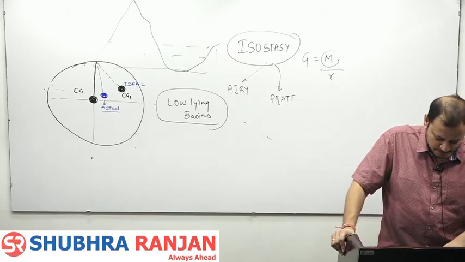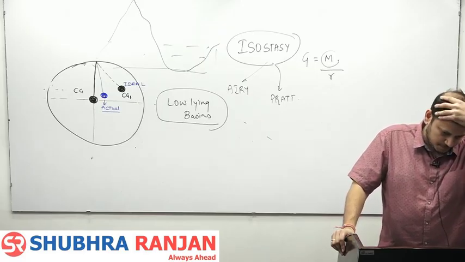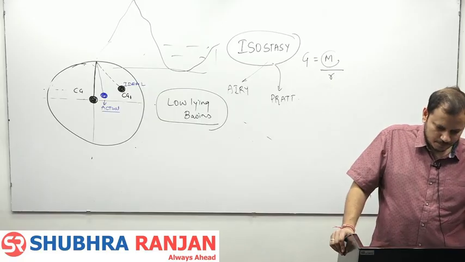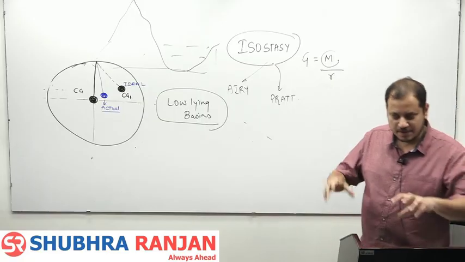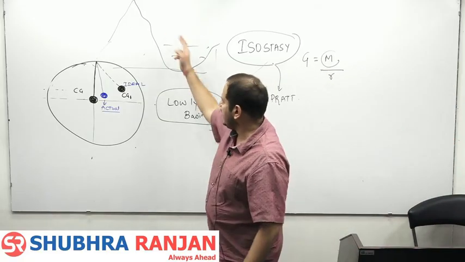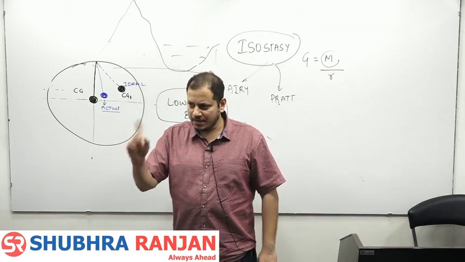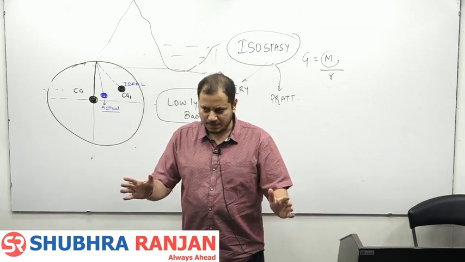Mountain, upstanding part, low-lying basin, oceans. What is the state of isostasy? Balance between up and down parts on the rotating earth is equilibrium or isostasy.